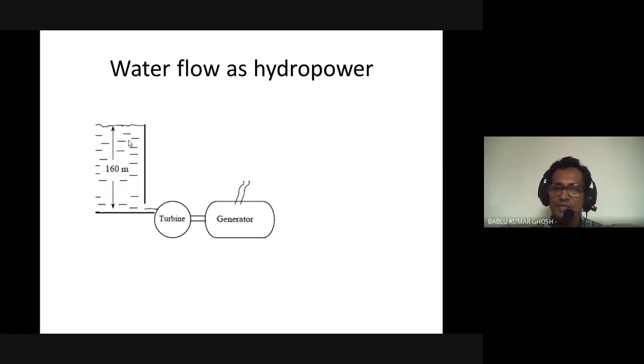What is the purpose? The purpose is that we are building a dam or barrage to produce electricity from water. As long as the height of the water is more, definitely the pressure is higher. Think that here they make an opening at the bottom.